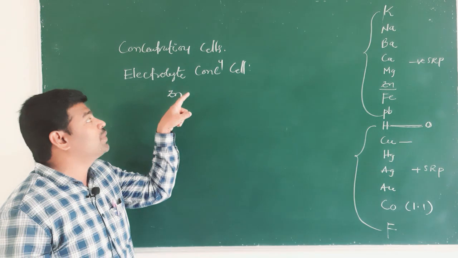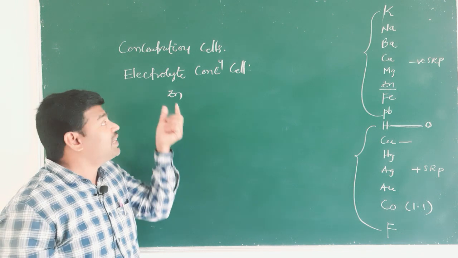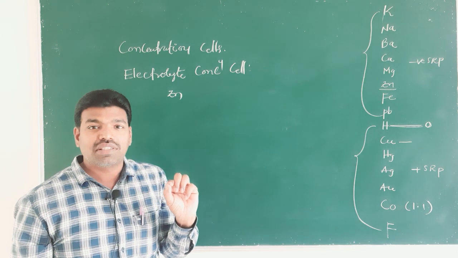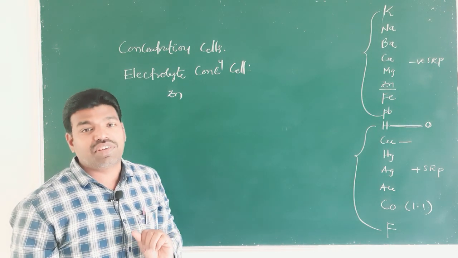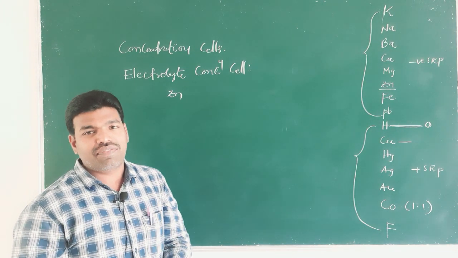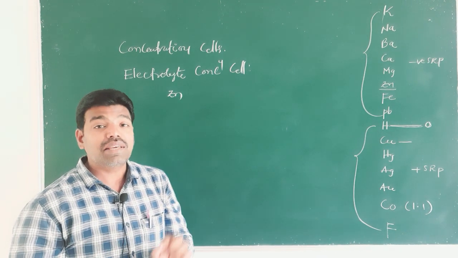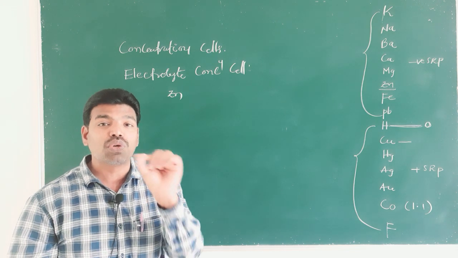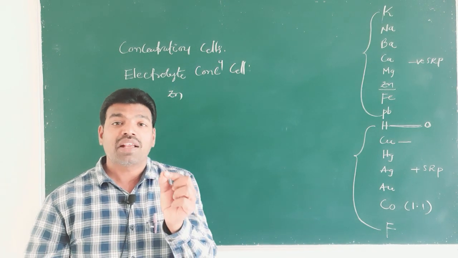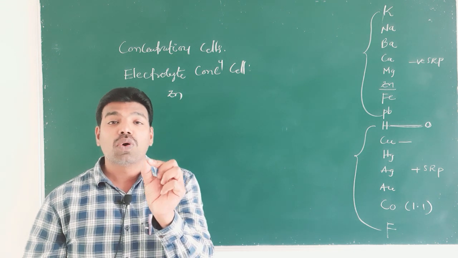So, the anode is zinc and the cathode is also zinc, but the two electrodes are dipped in two different concentrations of zinc sulfate, and the EMF of the cell is produced due to the diffusion of electrolyte from a solution of high concentration to low concentration.